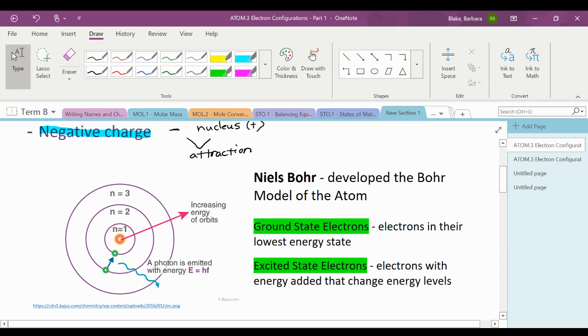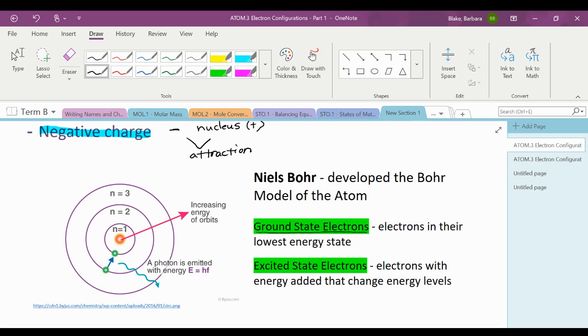From his findings, what Niels Bohr realized is that there were really two states for an electron, and these are both terms that you probably want to have written down because you will probably see these again at some point. The first term is a ground state electron, and a ground state electron just refers to an electron at its lowest energy level.